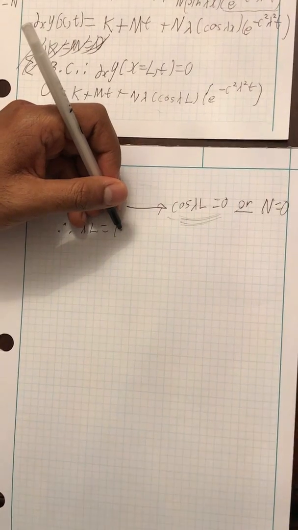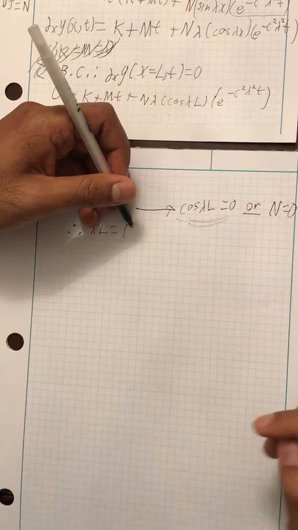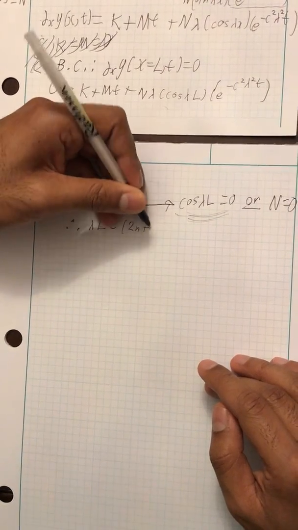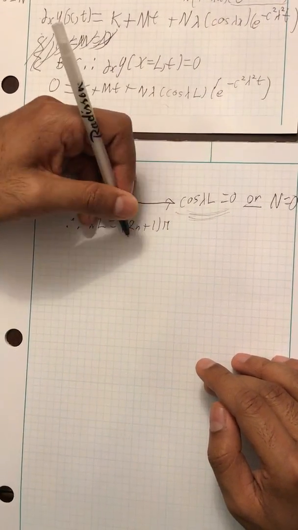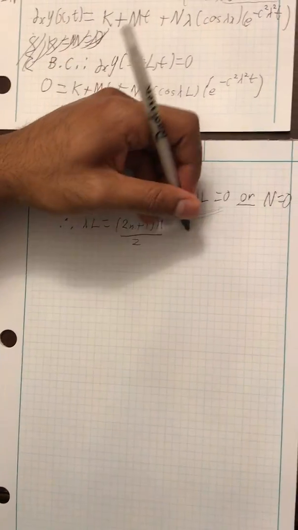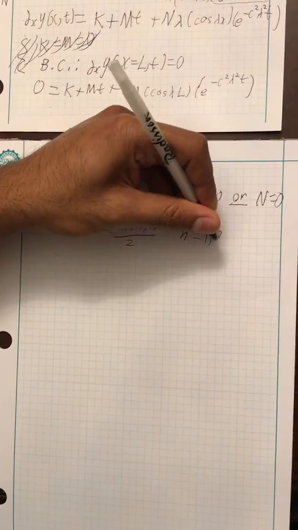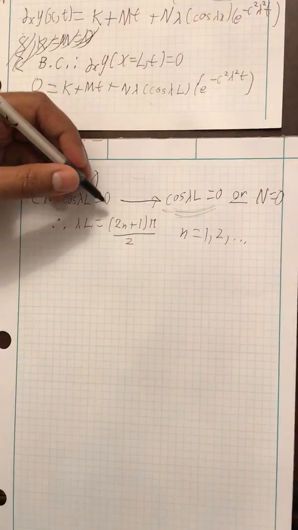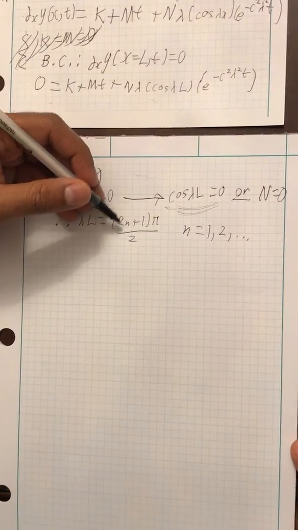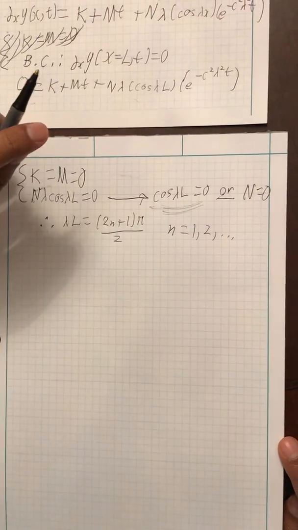So for our situation, since this is cosine, you go 2n plus 1 times pi over 2 is equal to lambda L, when n equals 1, 2, and so on. You can verify this by plugging in 1, you get 3 pi over 2. Plug in 2, you get 5 pi over 2.